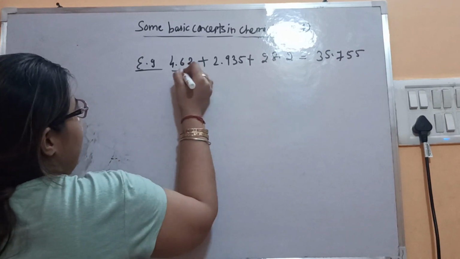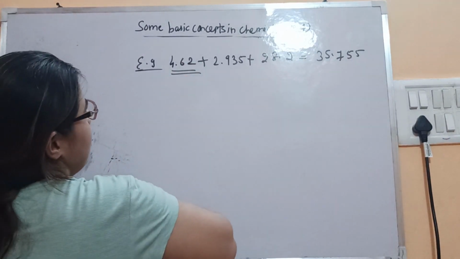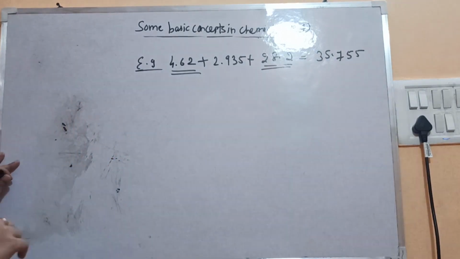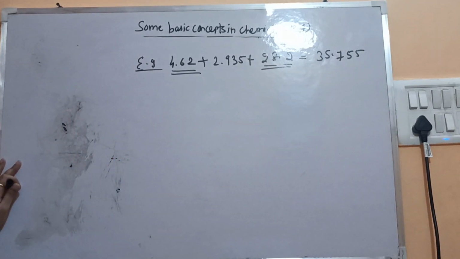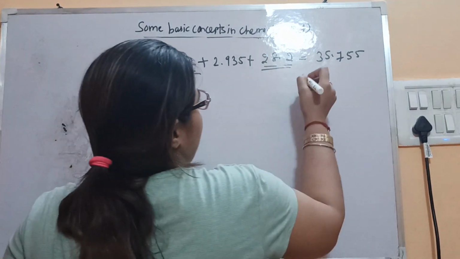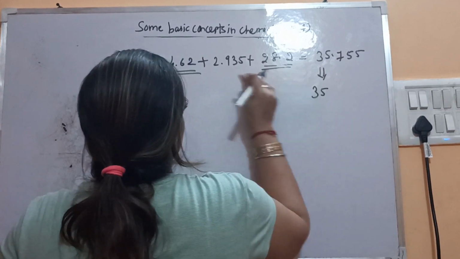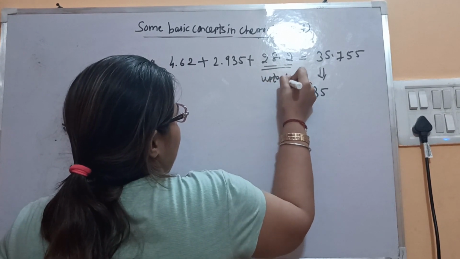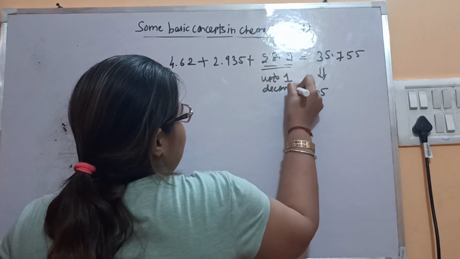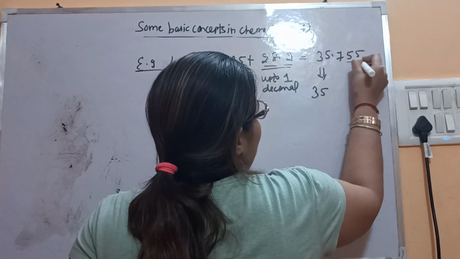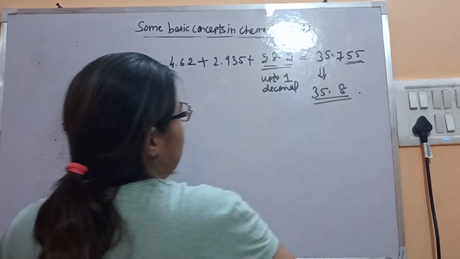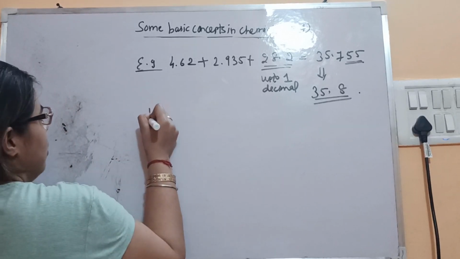The number with the least decimal places has 1 decimal place, so the answer should be reported up to 1 decimal place. It means we need to drop these digits. So the answer will be 35.8.